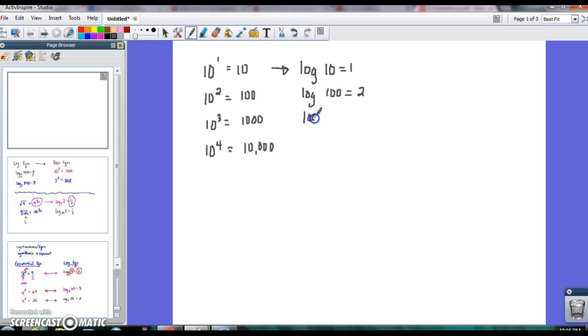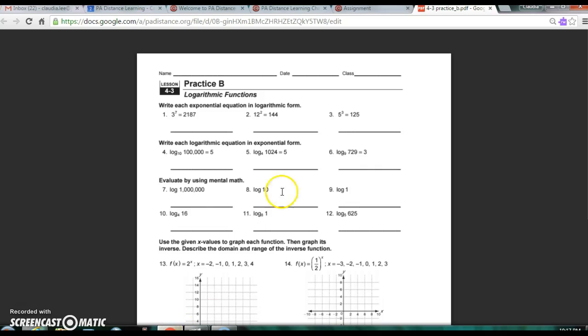I'd rewrite this as the log of 1,000 is 3. Anytime you do not see a base, that means it's base 10. Notice here all of these are base 10.